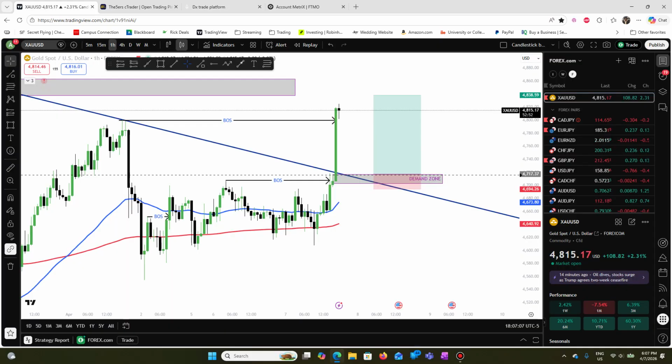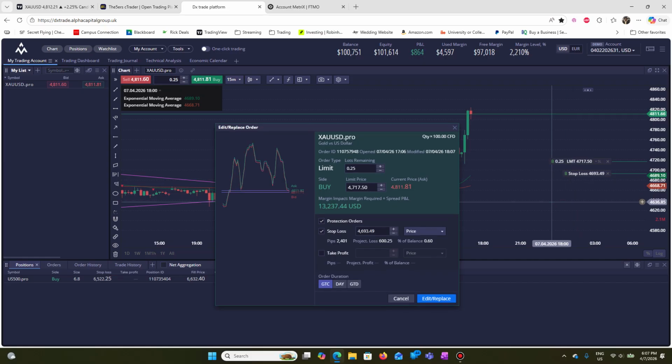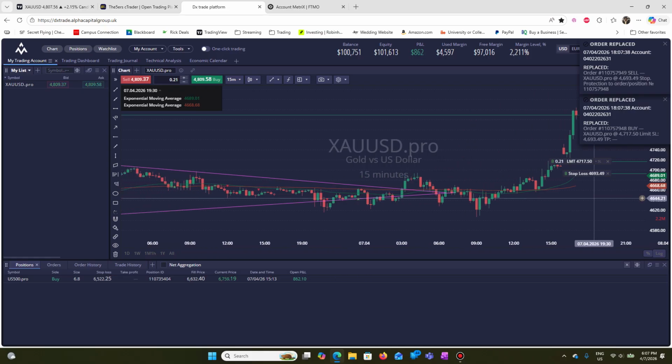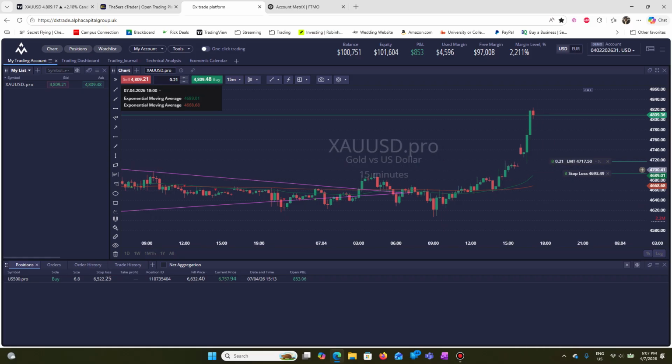And the stop loss is somewhere at 46.94. 46.93. Let's do 46.93. That's $600, but we want to risk $500. There we go. So there it is. We've adjusted this one.